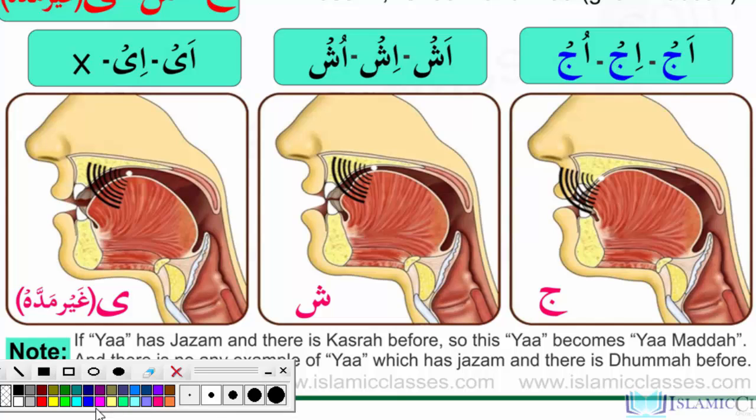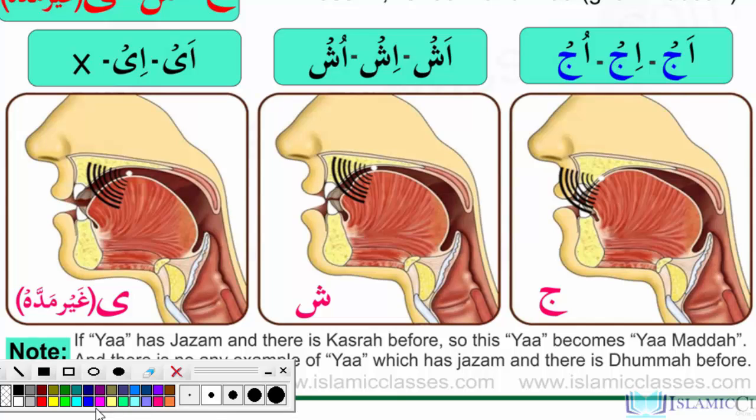The first is Jeem, the second is Sheen, and the third is Ya ghair maddah. Ghair maddah means without maddah. Now let us practice. Look in this image: the tongue is touching the hard palate, and when we touch this place, we pronounce the letter Jeem, and we say Jeem.